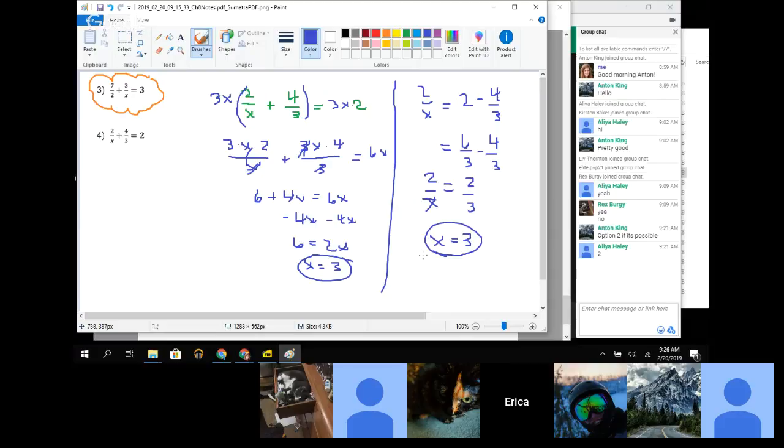If you just subtracted the fraction, you actually end up with 2 over x equals 2 over 3. So then it's pretty easy to see that the solution is x equals 3. Did everybody end up with that? Awesome.